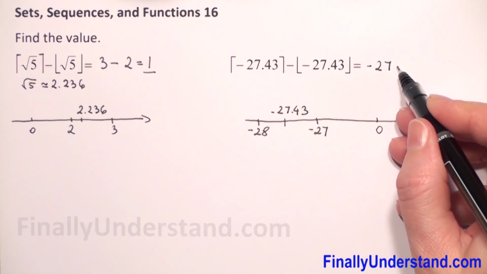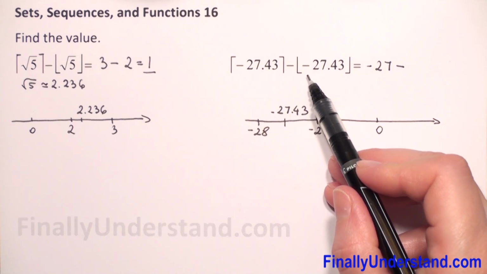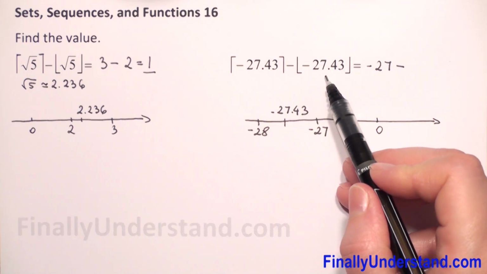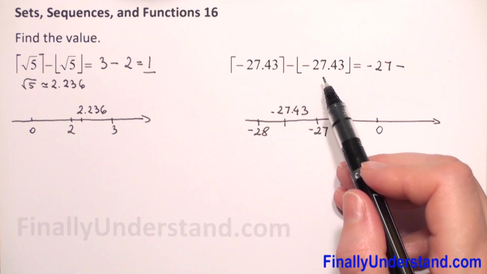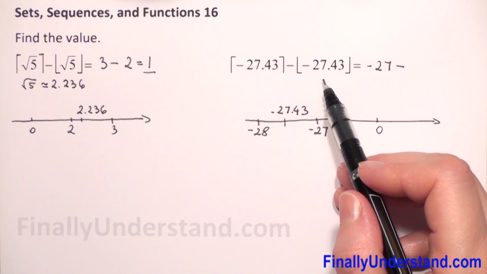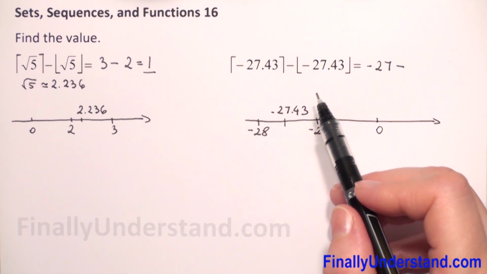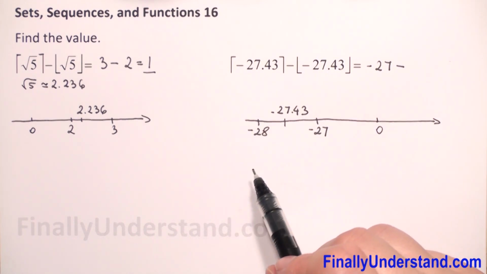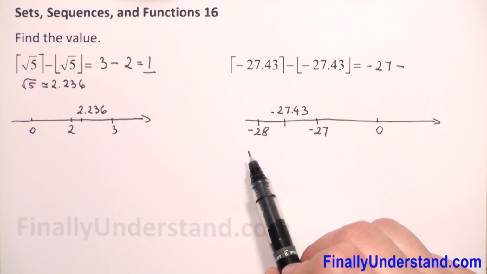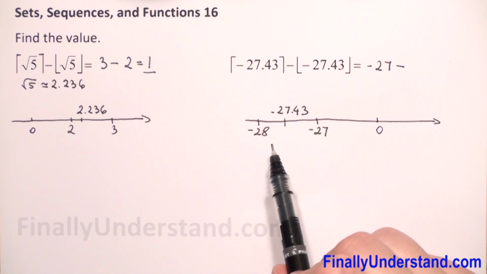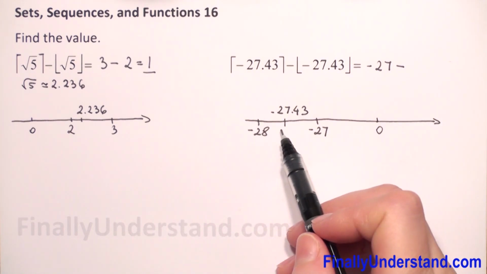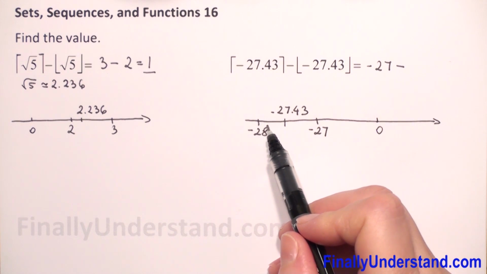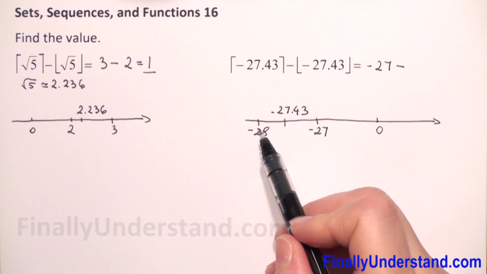And now we have minus, and we have the floor of the same number. When we find the floor of a number, we have to find the largest integer less than or equal to this number. Finding the largest integer less means we have to find the integer on the left side of our number.